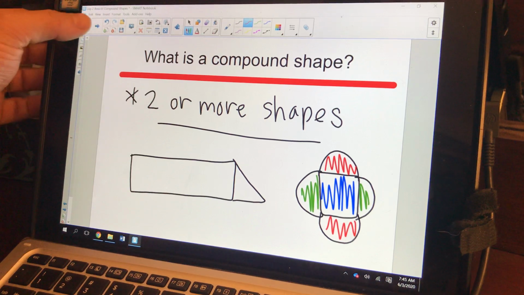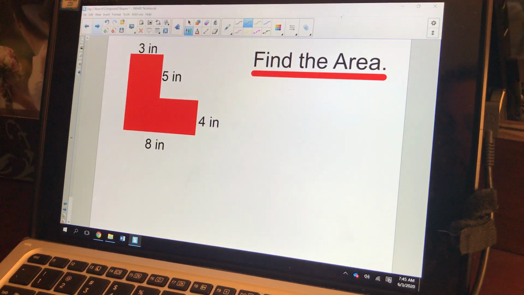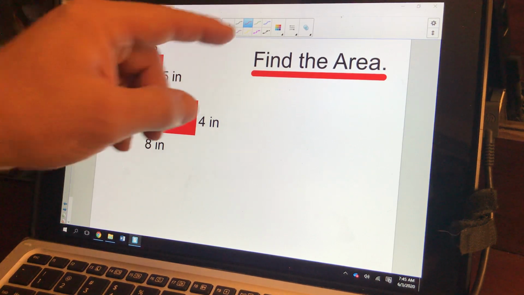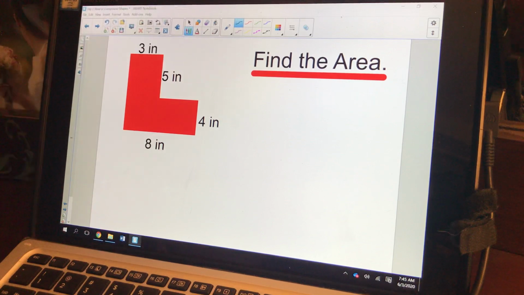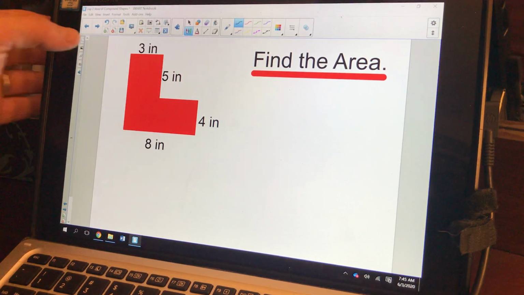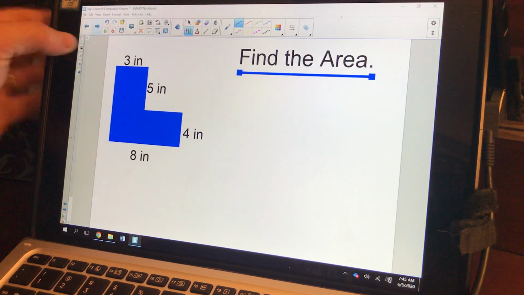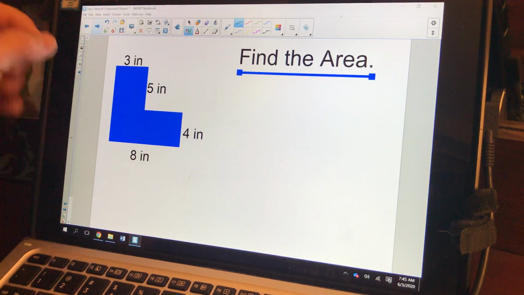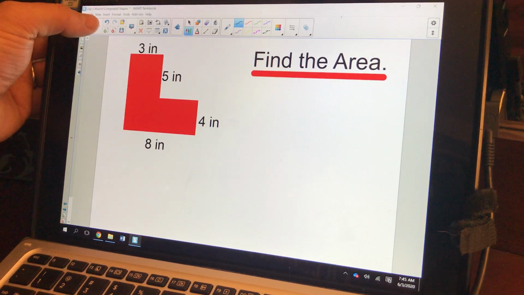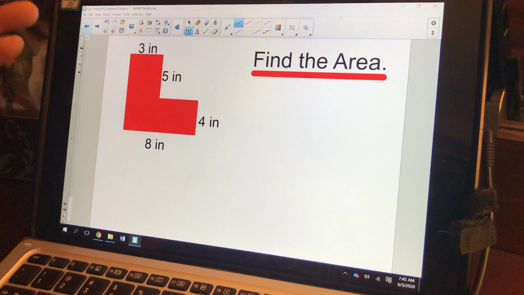So let's take a look at this first one. It says find the area. Now, when you look at this shape, there's a couple of different ways to view it. I put this on both page 1 and page 2, example 1 and example 2, and I'm going to show you two different ways to do it.